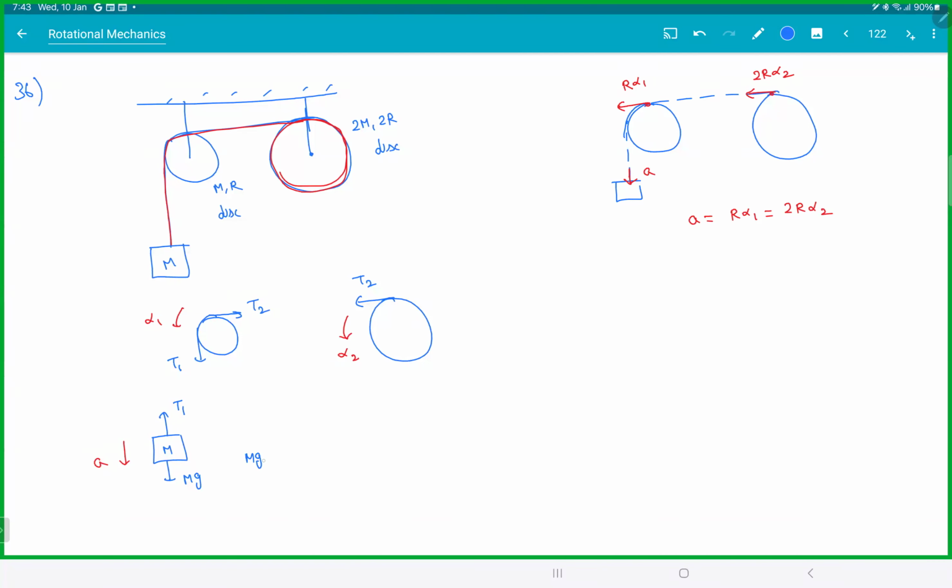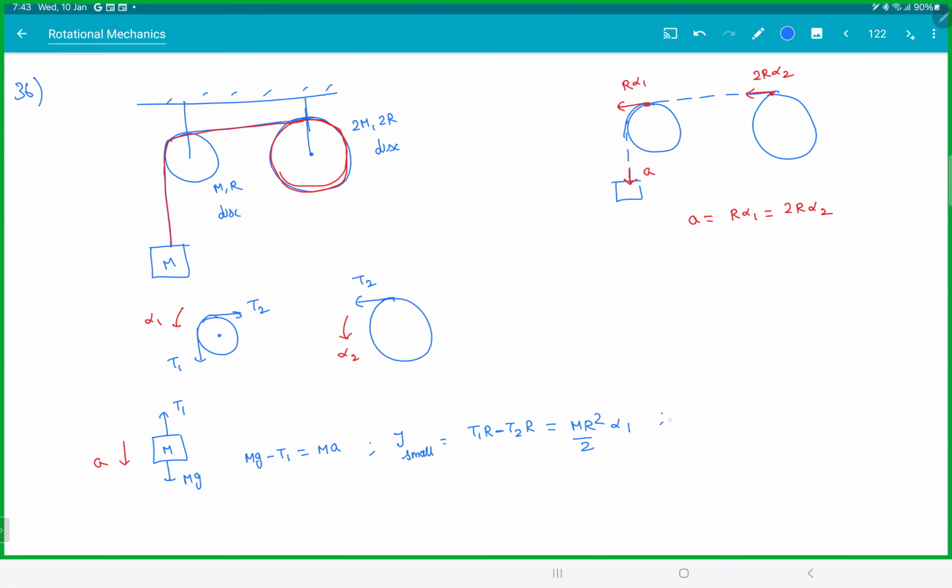So if you write the equations, mg minus T1 is equal to ma. And if you take torque about the first pulley, I'll write it as torque for the small one. That would be T1 R minus T2 R is equal to I, I will be MR square by 2, alpha 1.